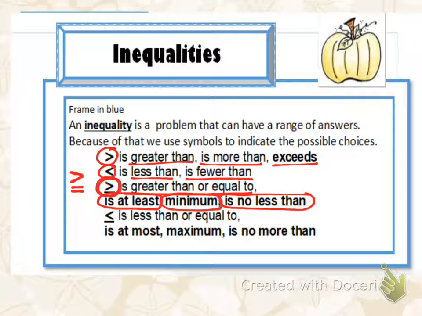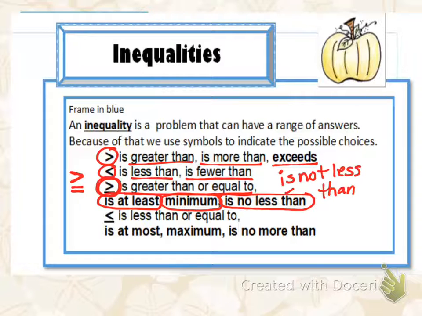I reword this in my mind to help me make logic of it to this: is not less than. If something is not less than something else, could it be greater than that? Could it be equal to that? Okay, so that's why this works with that.